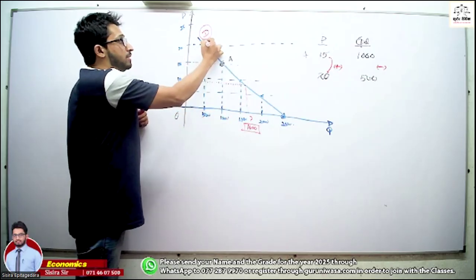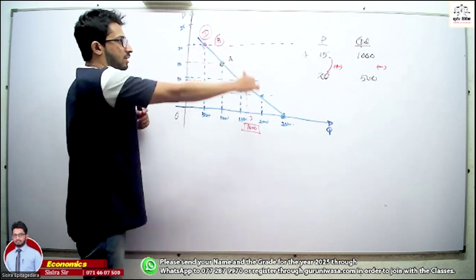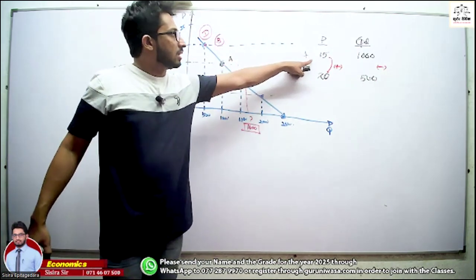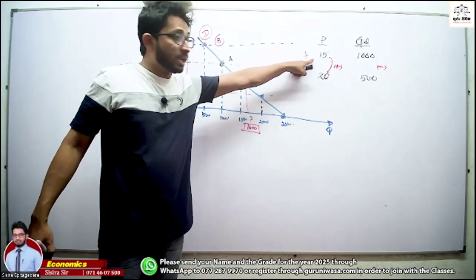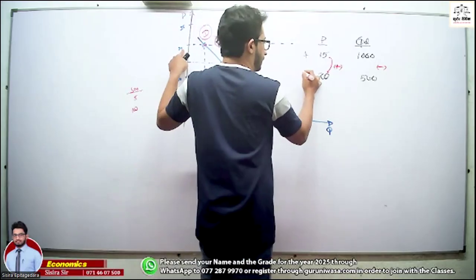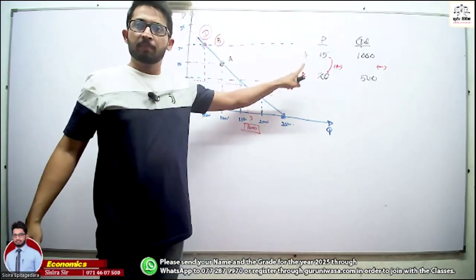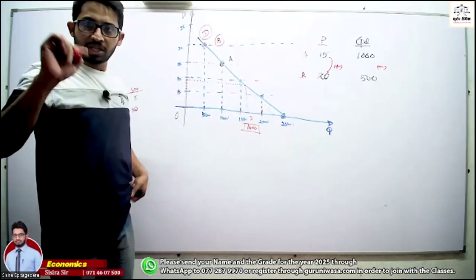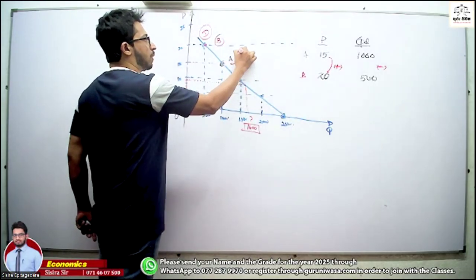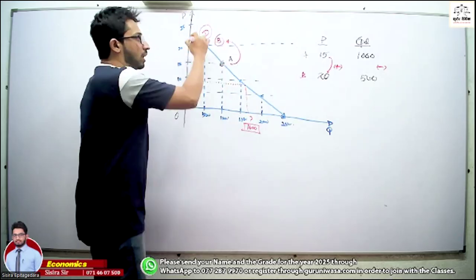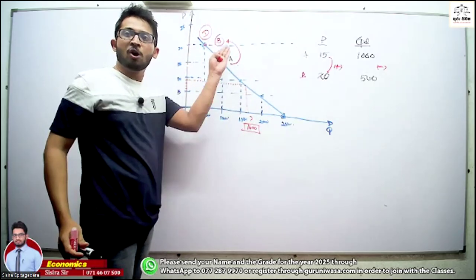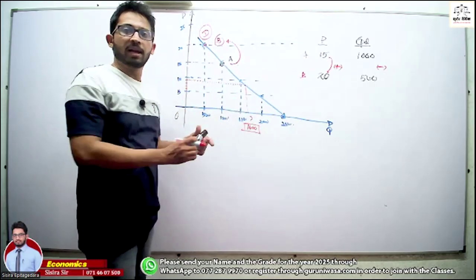Now I am at point B. I was at point A, now I am at point B. You can see you have moved from point A to point B along the demand curve, moving along the demand curve, right?